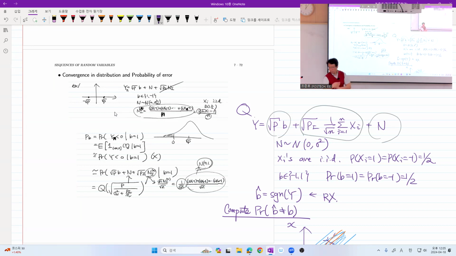What can you say about this probability? Actually, this is nothing but the probability that square root P sub I, 1 over square root n, summation of n interferences, plus noise is greater than negative square root P b.